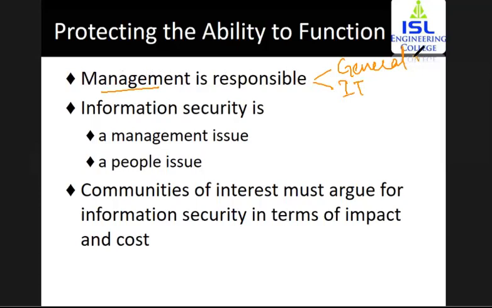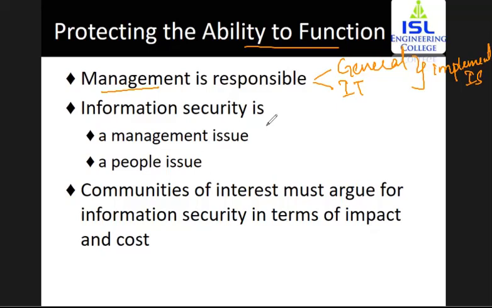Both types of management are responsible for protecting the ability to function. These are the ones that are going to implement information security.